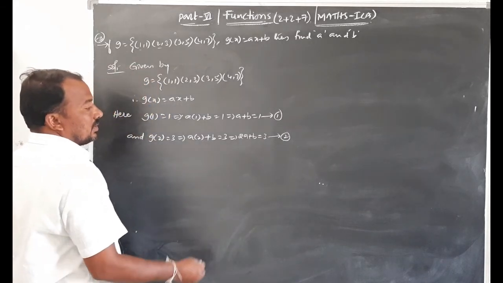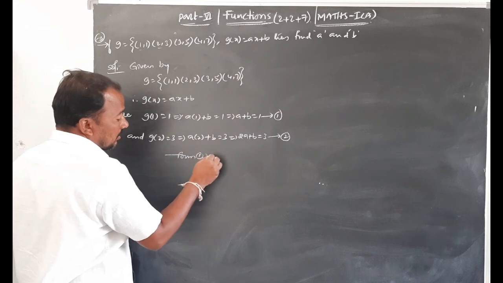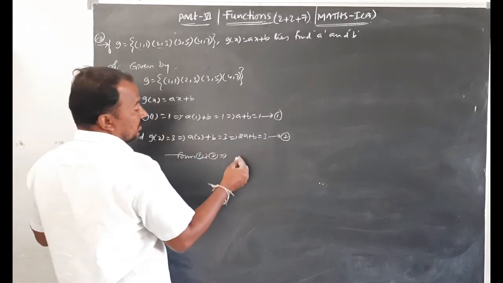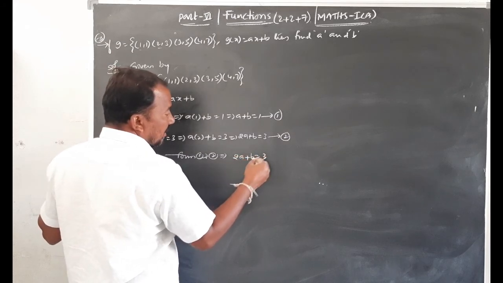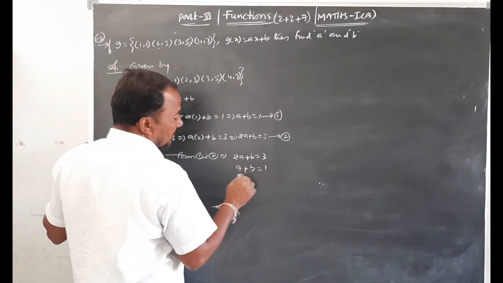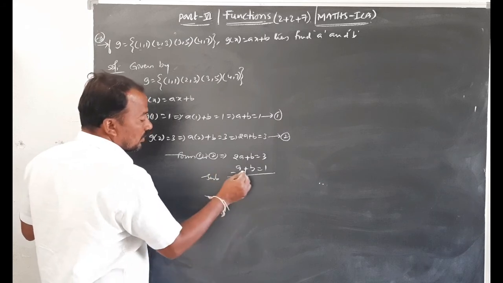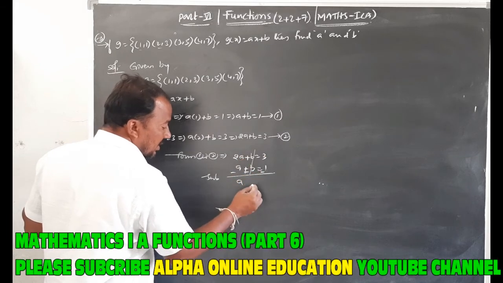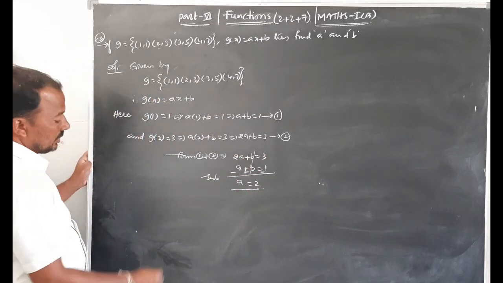From 1 and 2: 2a plus b equals 3 and a plus b equals 1. Subtracting, 2a minus a is a, b cancels, and 3 minus 1 is 2, so a equals 2.